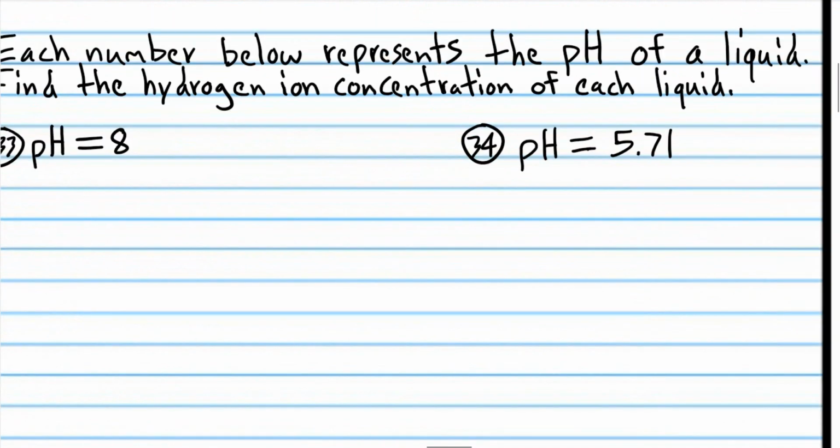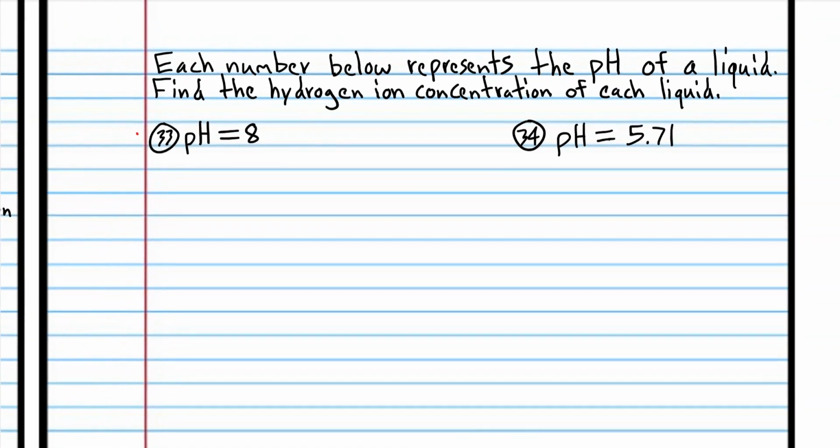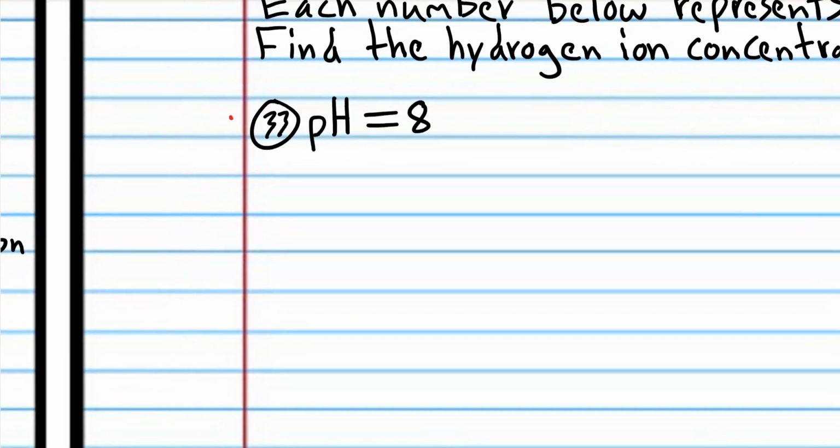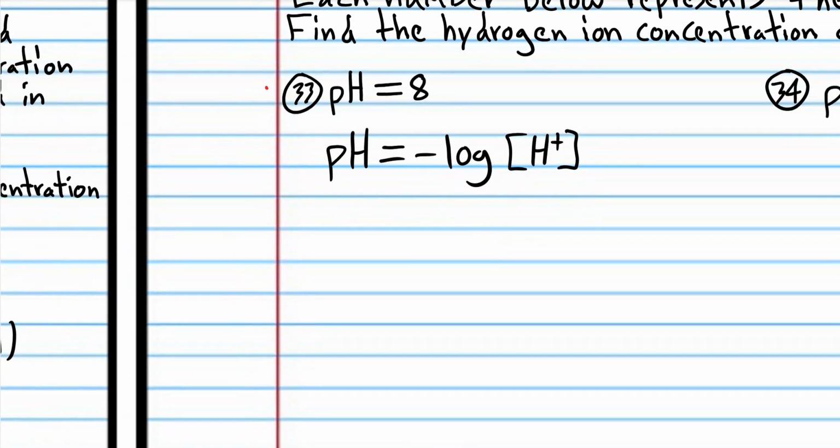So now we're going to go backwards. In these problems, we're given the pH and we're asked to find the hydrogen ion concentration. So we know that pH is equal to the negative log base 10 of the hydrogen ion concentration. And in this problem, we're given the pH.